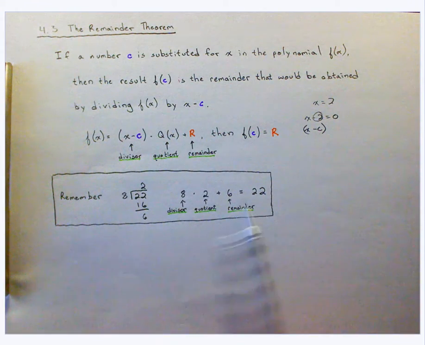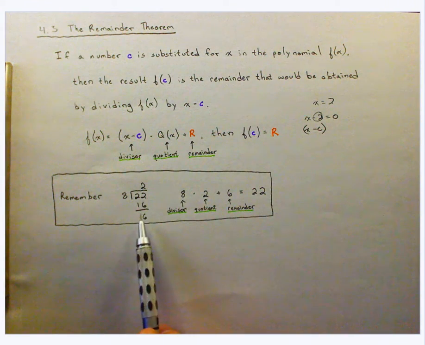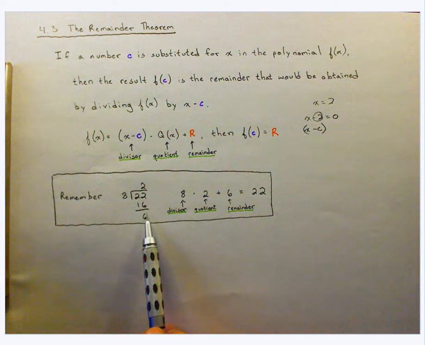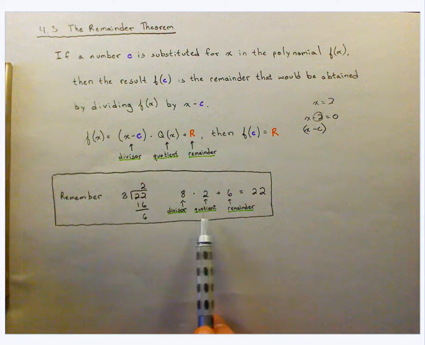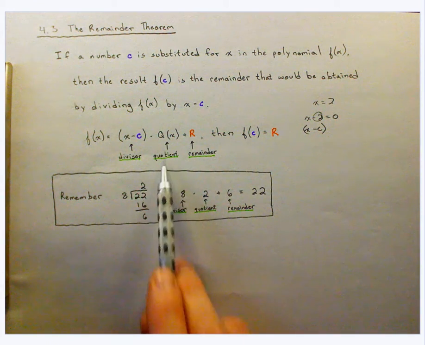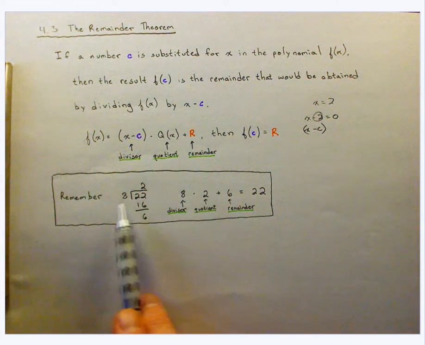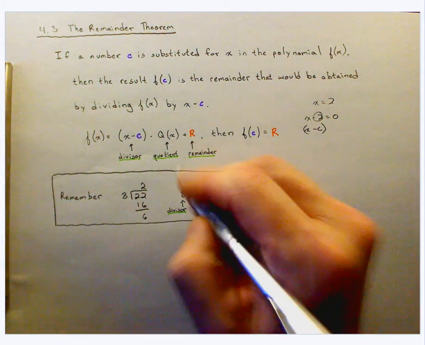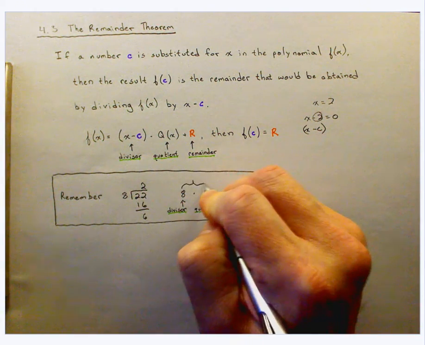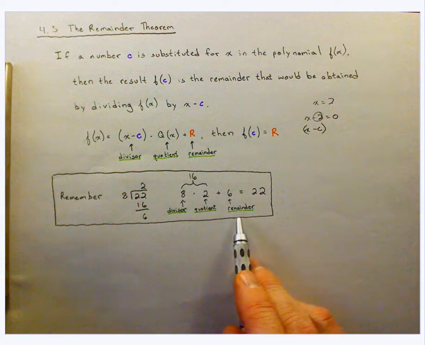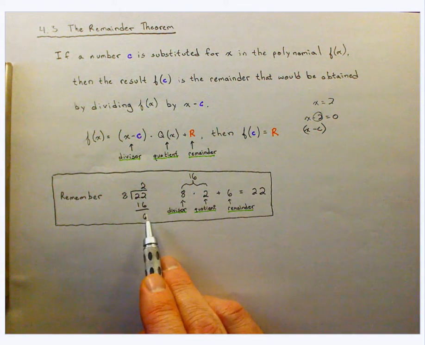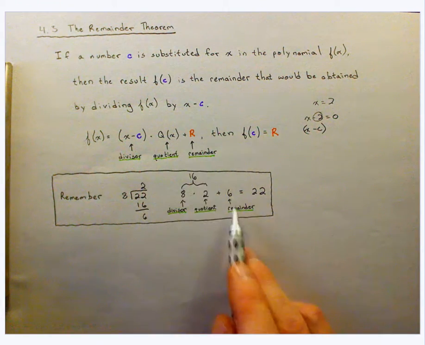And to bring it all home again, this is the example that we had in the prior lesson. My divisor, my quotient. So I have 8 times 2. 8 times 2 is 16, correct? 16 plus the remainder, this was the remainder that was left over, so the remainder gives me 22.